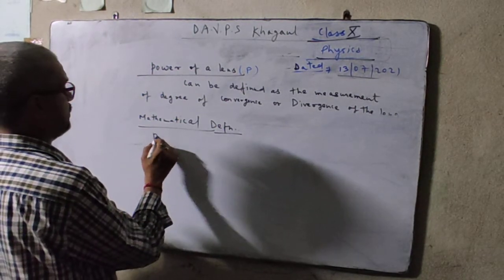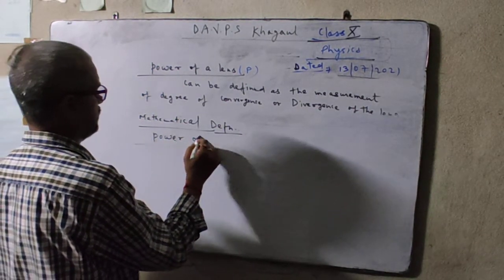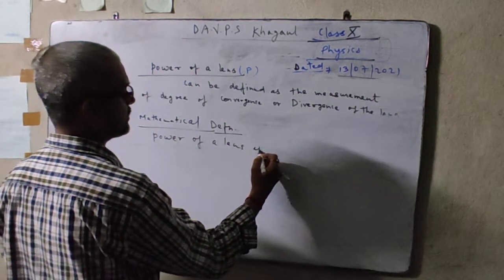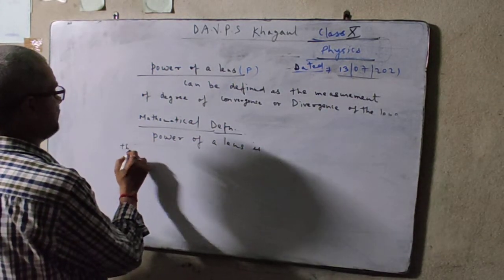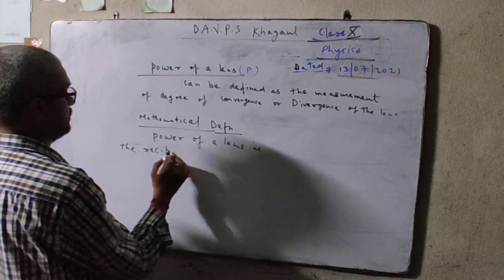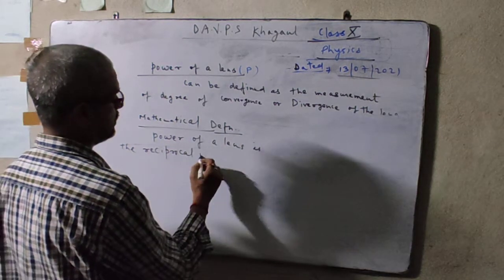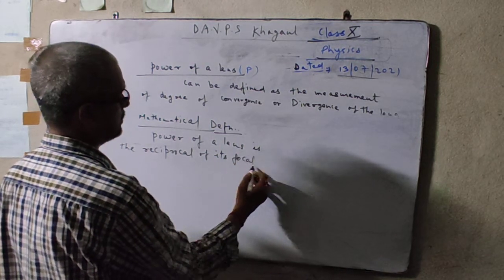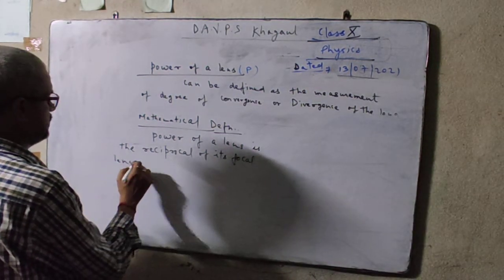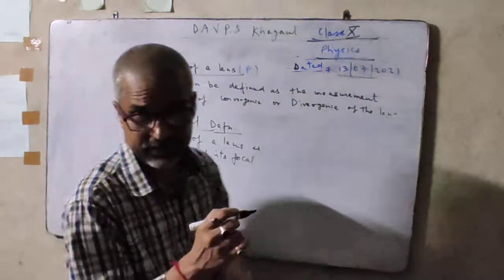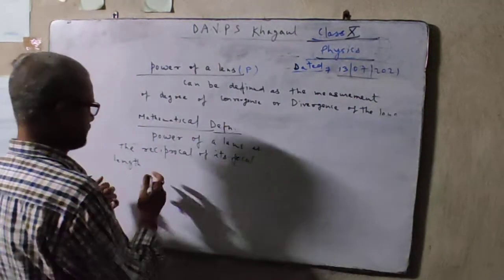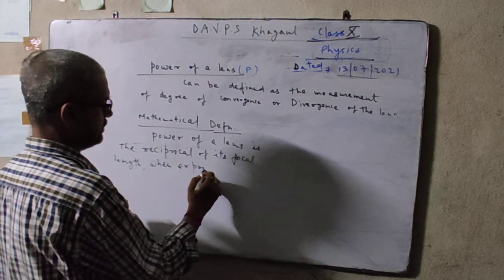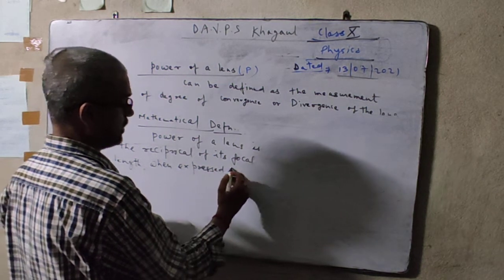So power of a lens is the reciprocal of its focal length when expressed in meter.